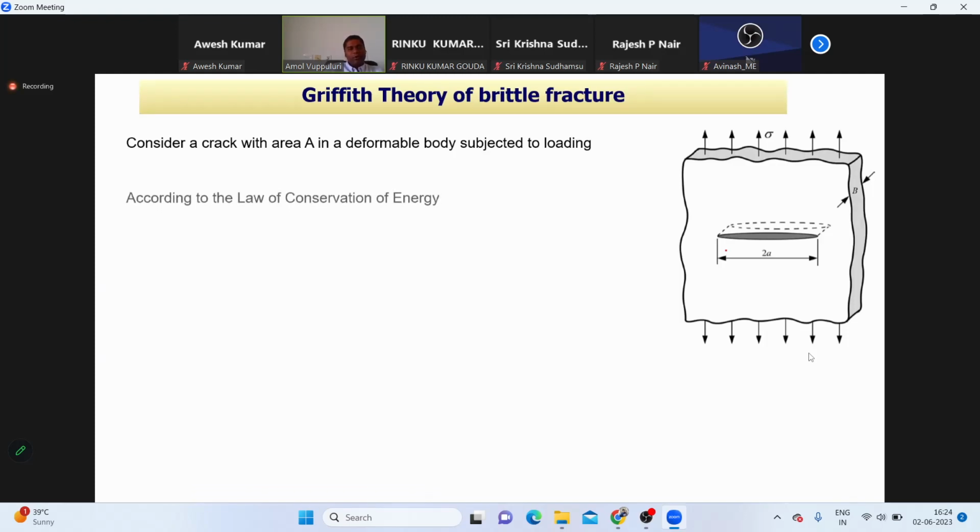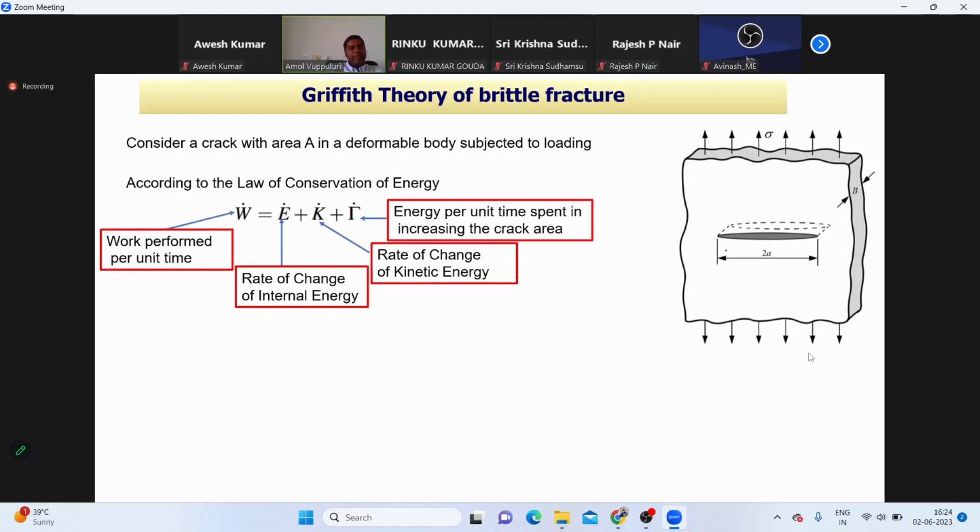If this body is subjected to load, then by invoking the law of conservation of energy, the work performed on the body per unit time is going to be utilized in increasing the internal energy of the body and the kinetic energy of the body, and this work is also going to create an additional surface in the form of a crack. There will be energy associated with the formation of a new surface. After all, a crack is a surface, and when the crack propagates, there is further generation of new surface.